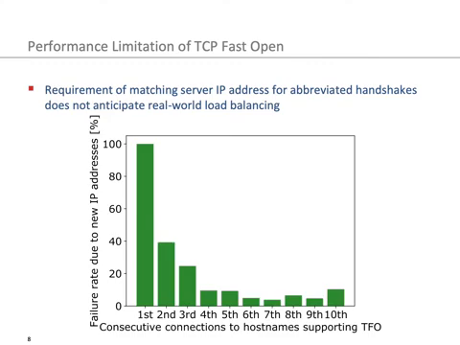We find that during the second connection to these host names, on average, 40% of these connections fail to conduct an abbreviated handshake. During the third connection to these host names, we find that still 25% of these connections fail to conduct an abbreviated handshake.